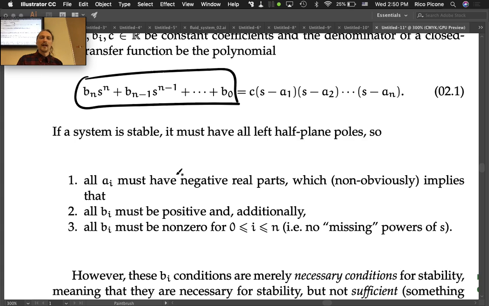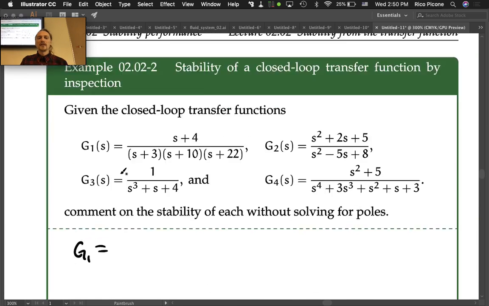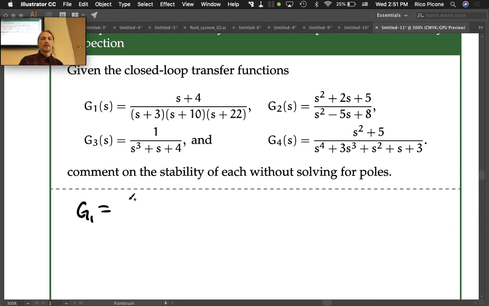But these A conditions say that if all of these have negative real parts, then G1 is stable. You can just see what the poles are from the factoring. We know it's stable.